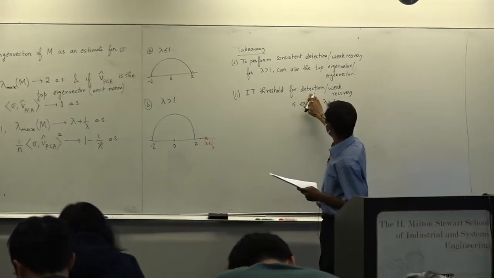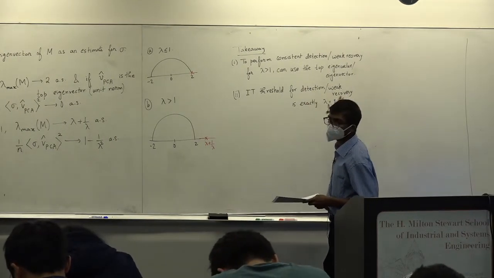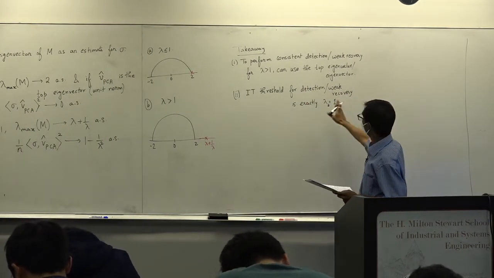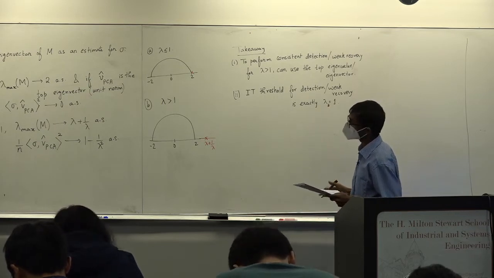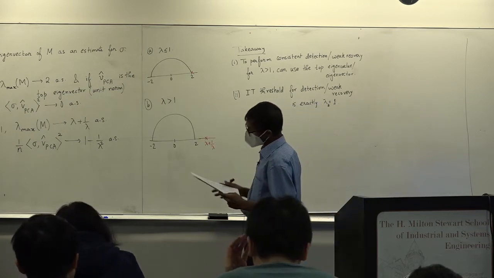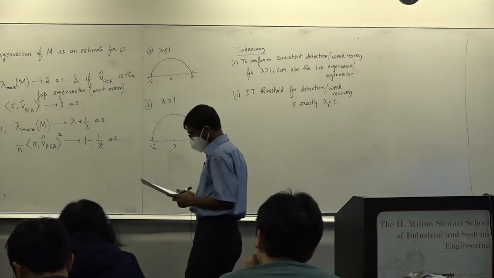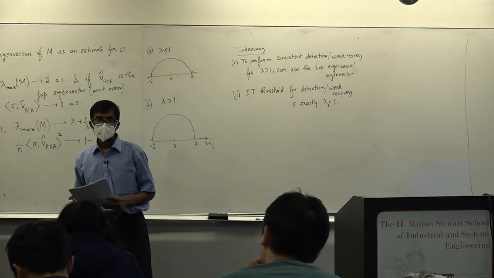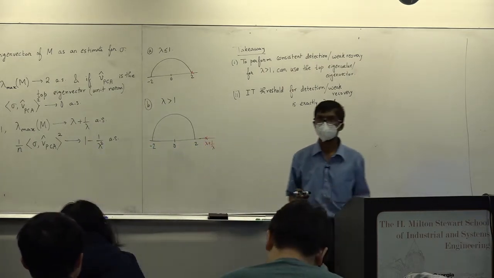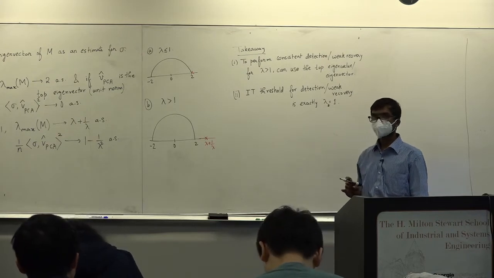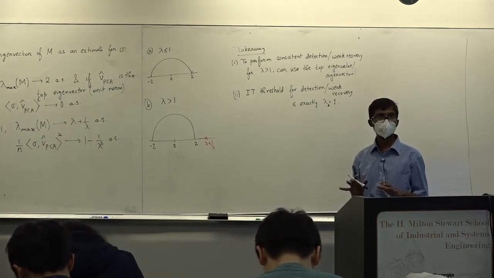We saw the lower bounds for detection. There are similar arguments proving that below lambda equals 1, you cannot recover using any algorithm, not just the spectral one. Any questions?